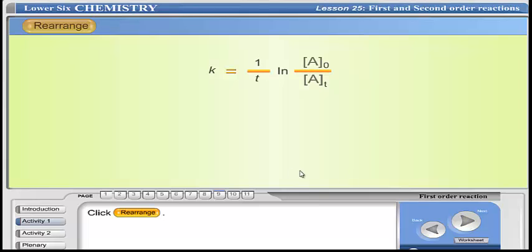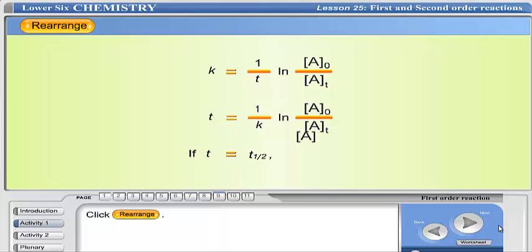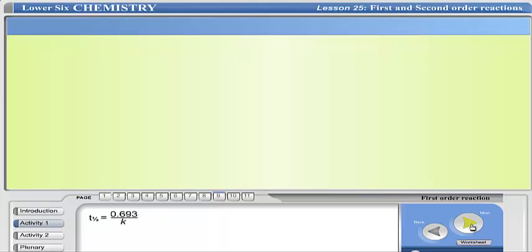Click Rearrange. t half equals 0.693 over k.